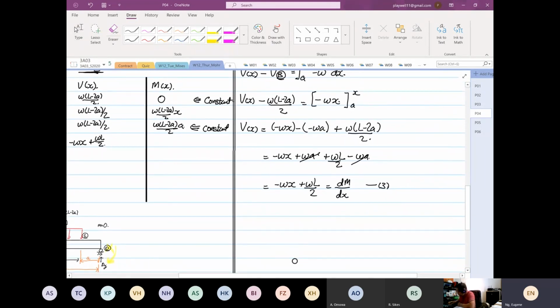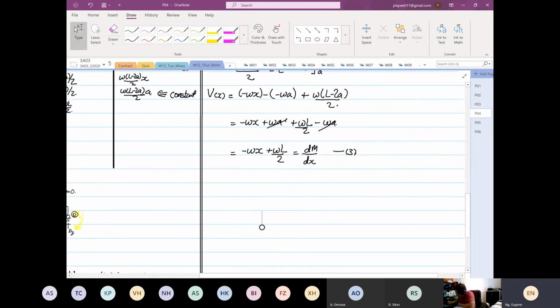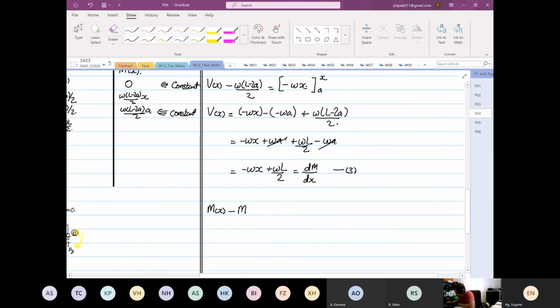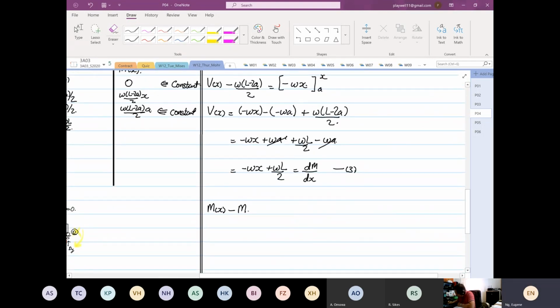So again, this will be M as a function of x minus M at point B, which we have identified as the moment at point B. Now we're going to integrate from A to x of minus omega x plus omega L over 2, this thing will be dx.